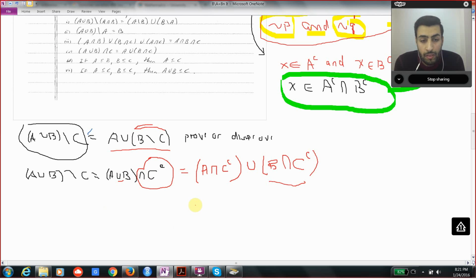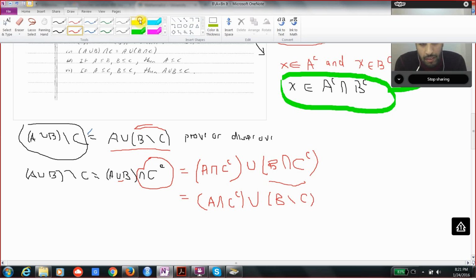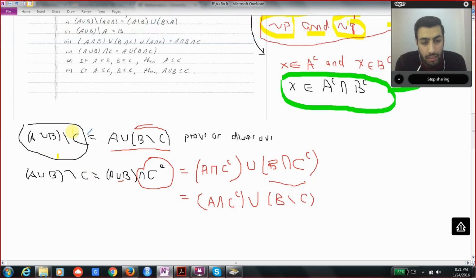We've proven that this is equal to A intersection C complement union, we'll just call it slash. That's good enough. Okay. Now, are these two things equal? No. Right? Clearly, these two sets are not necessarily the same.